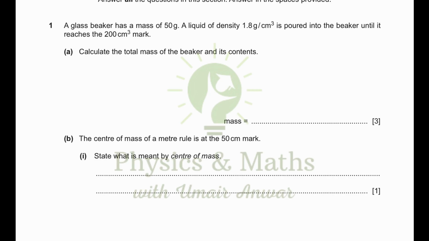It says a glass beaker has a mass of 50 grams. A liquid of density 1.8 grams per centimeter cube is poured into the beaker until it reaches the 200 centimeter cube mark.